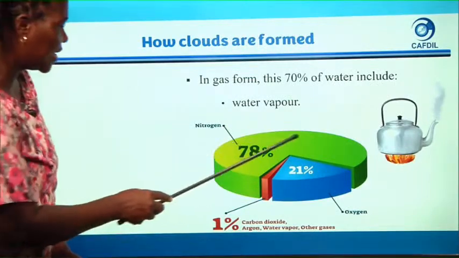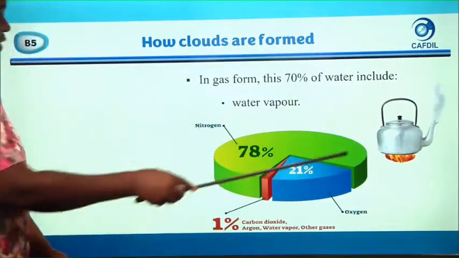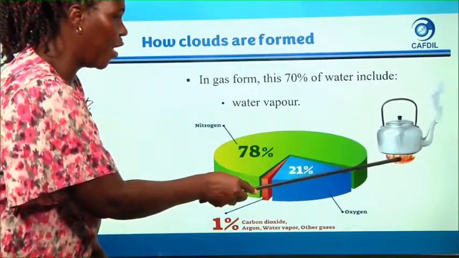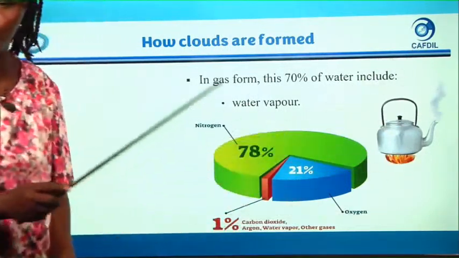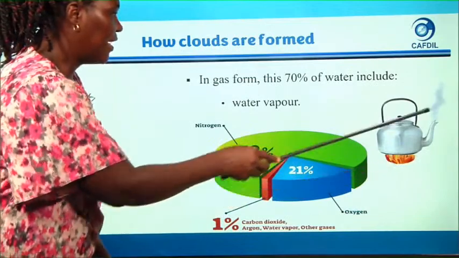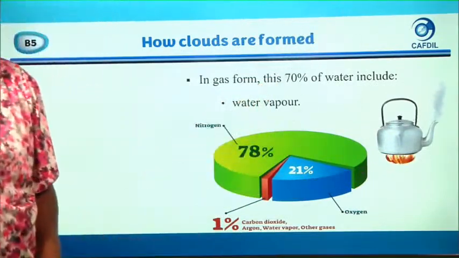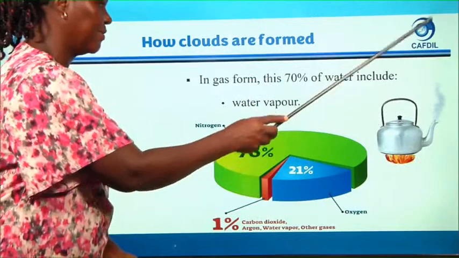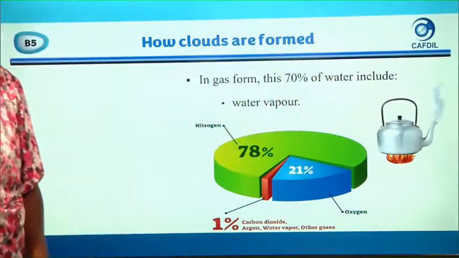So as we can see on our screen, when water boils, we get what? Water vapor. As we can see, the vapor will be going up.